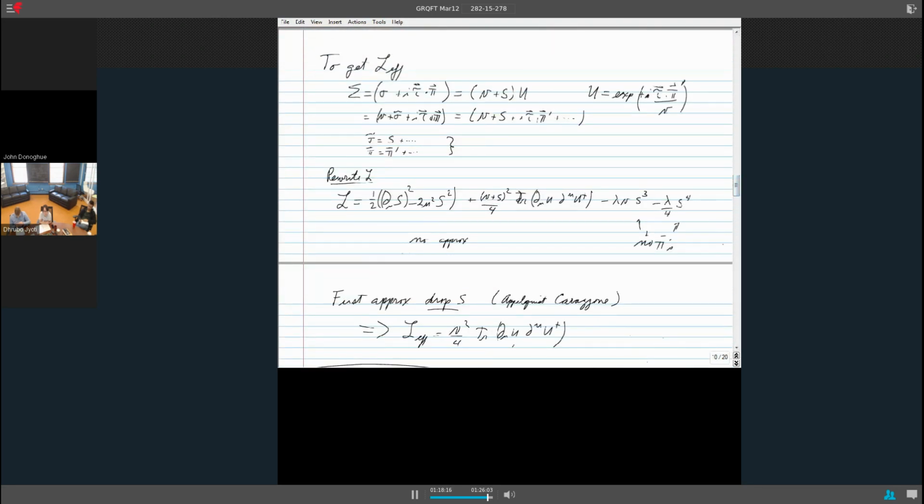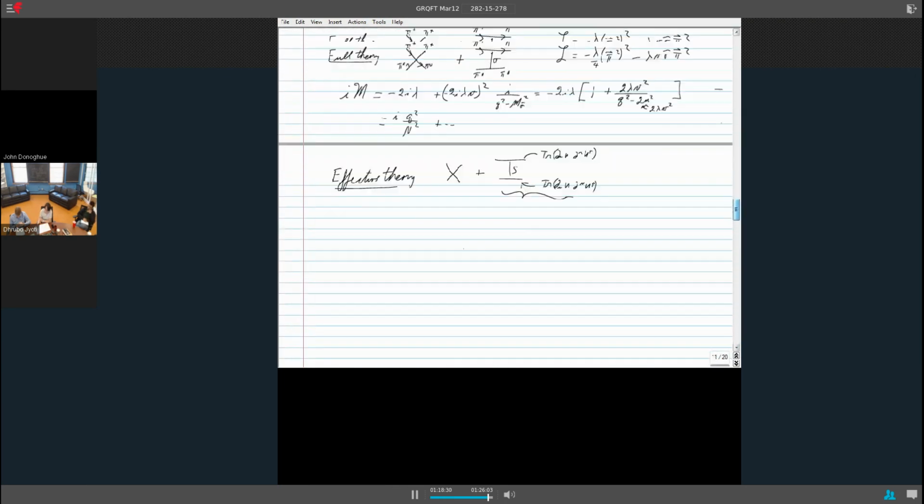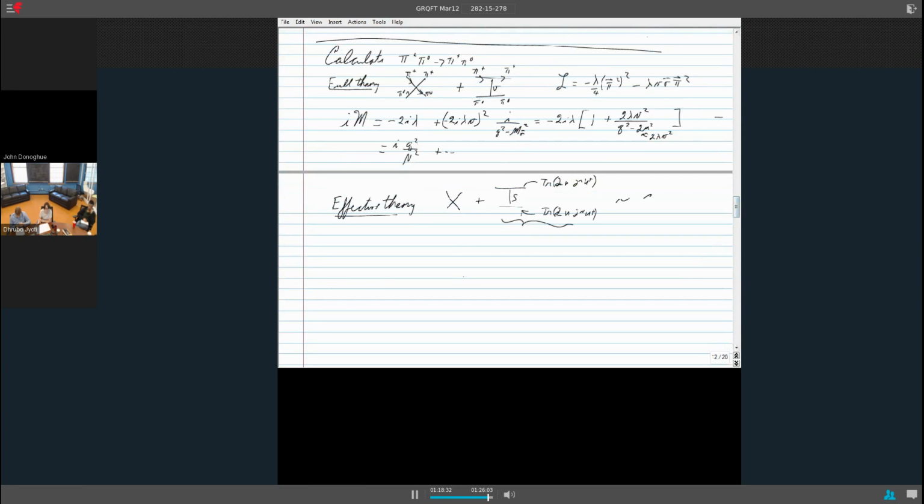My first term is then i q squared over v squared. I have to Taylor expand that. I get q squared over v squared. All right, so there's the full theory calculation. Now, the effective field theory calculation.